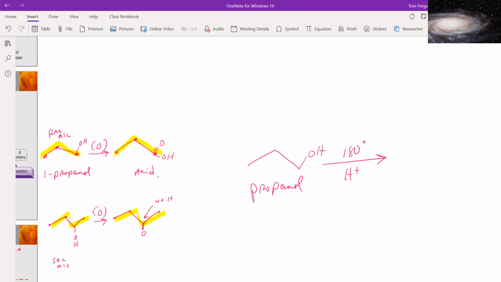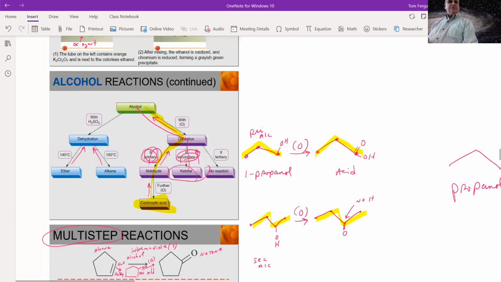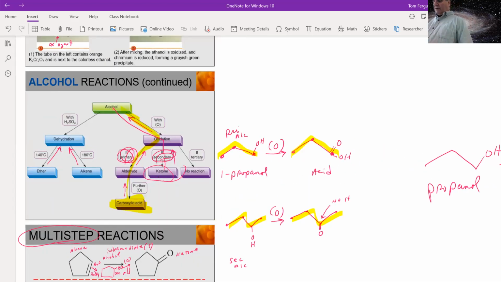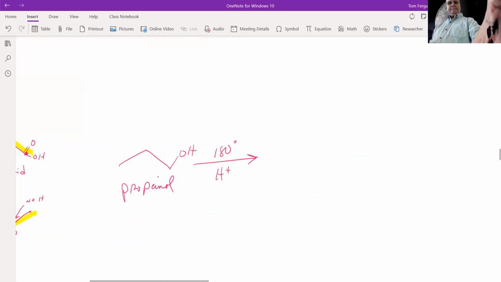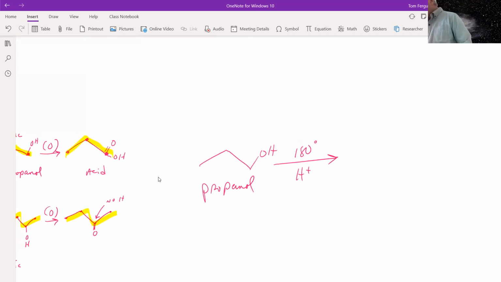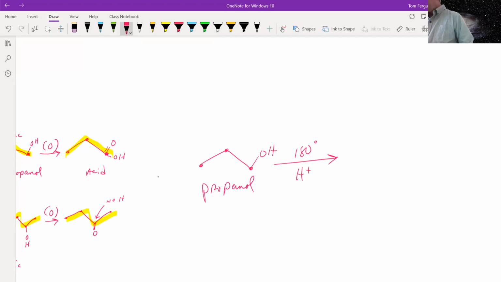Does anything happen? Okay, and whip over to your flow chart. Here we have an alcohol, 180-degree temperature, so we make an alkene. Same backbone. Three-carbon backbone.